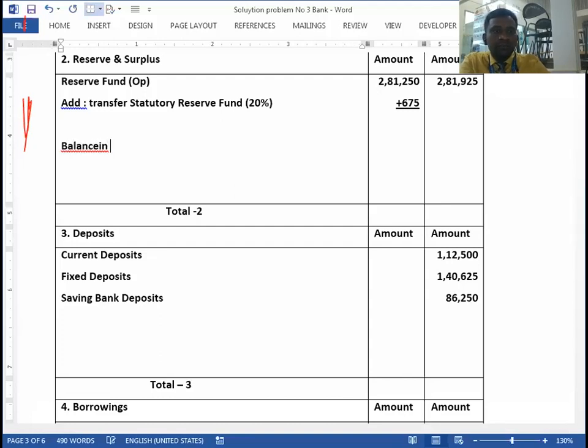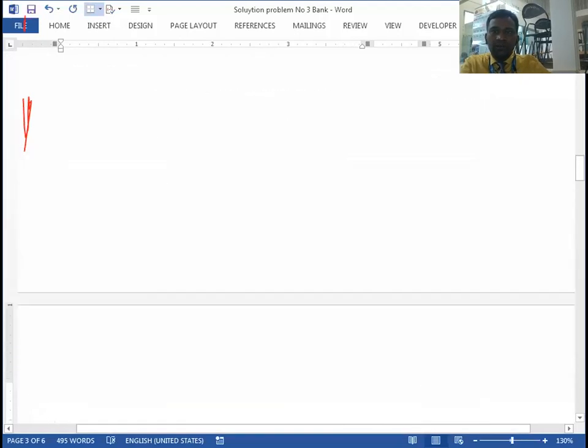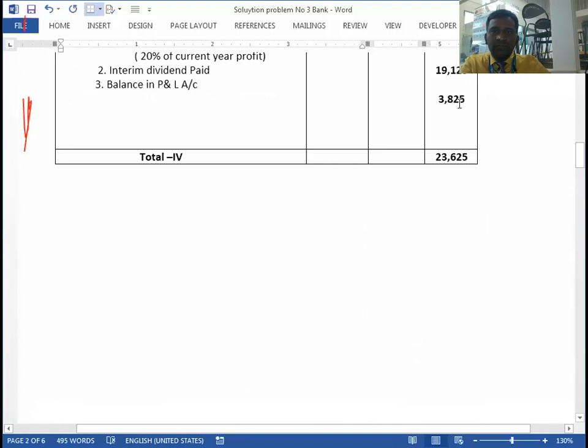Balance in profit and loss account, 3,825.